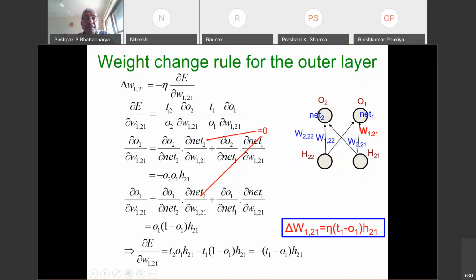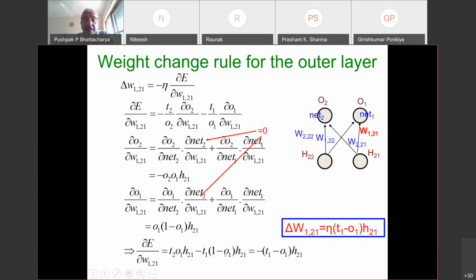Now when I multiply these by minus T2 by O2, O2 and O2 will cancel. So I get minus T2 O1 H21. Minus and minus also will cancel. And here delta O1 delta W is O1 into 1 minus O1 into H21. So O1 and O1 will cancel here. So I get T2 O1 H21 minus T1 into 1 minus O1 H21.